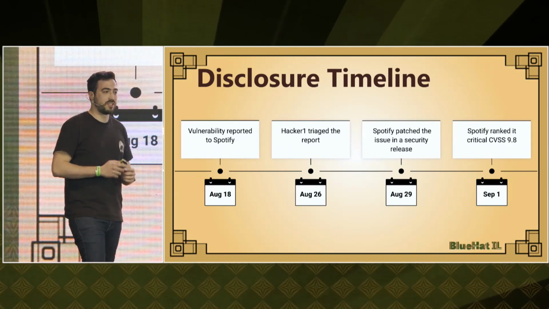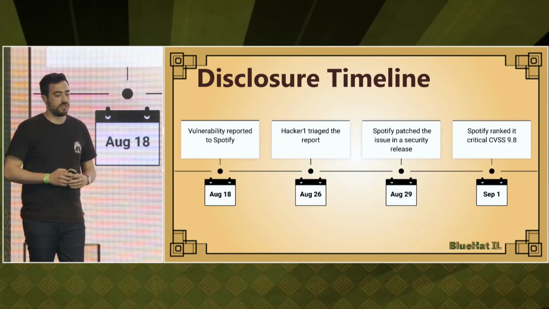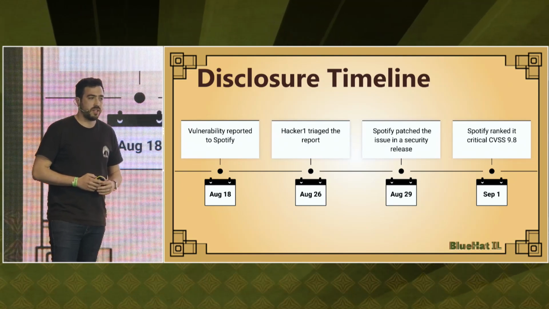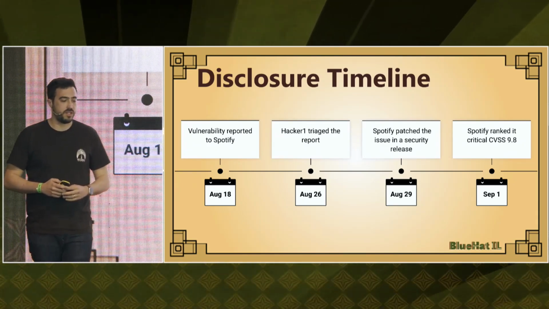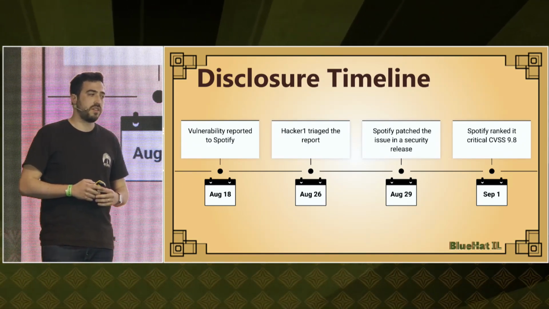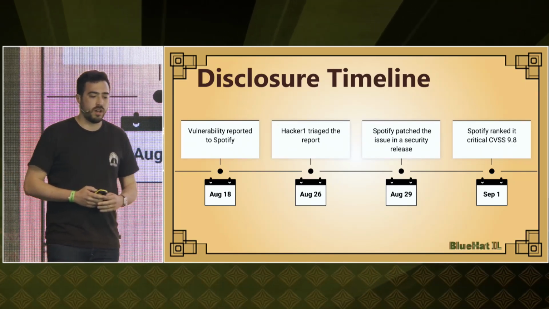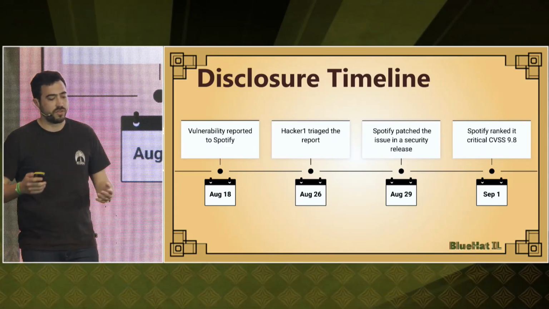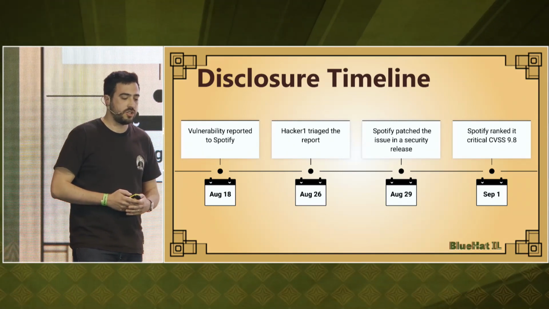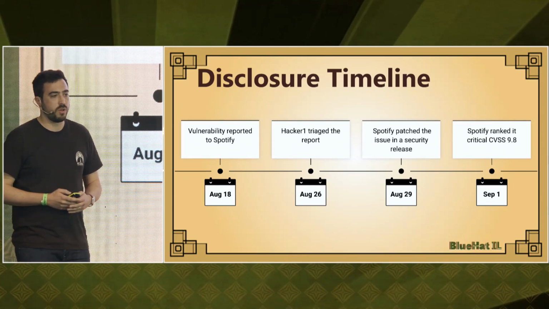So in terms of the disclosure timeline, this whole process took about 2 weeks. Back on August 18th, we reported this issue to Spotify via the HackerOne platform. They were really swift in seeing this issue and triaging the report.